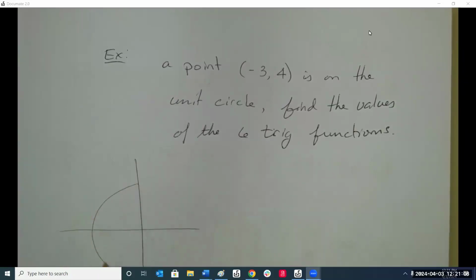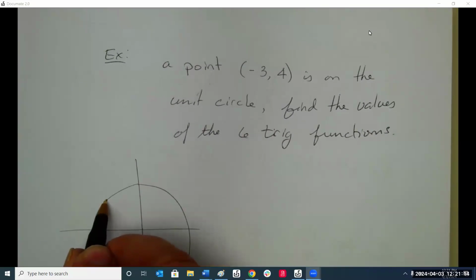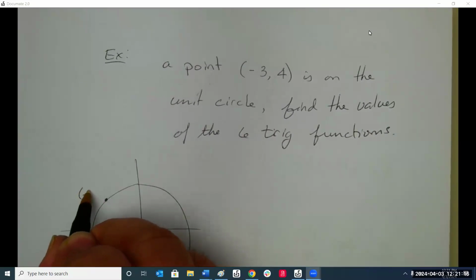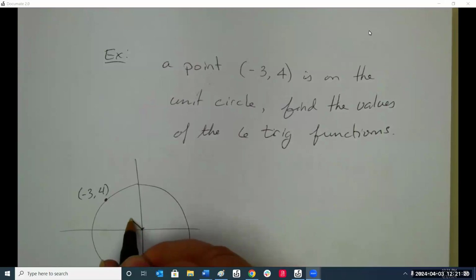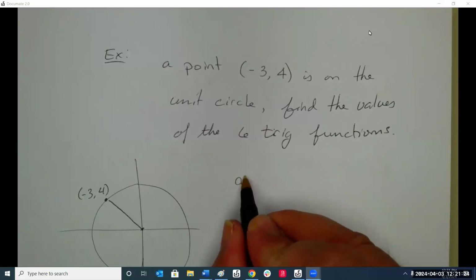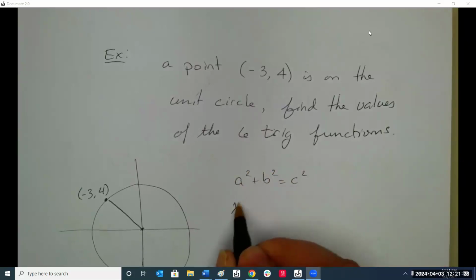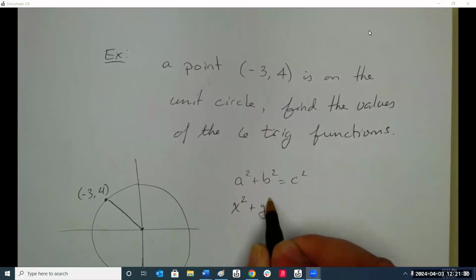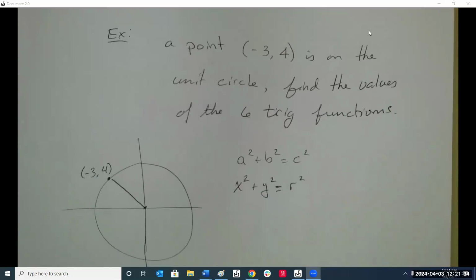So we have a circle. We have a point at negative 3, positive 4. We have to first find the radius, which is the same thing as x squared plus y squared equals the radius squared.